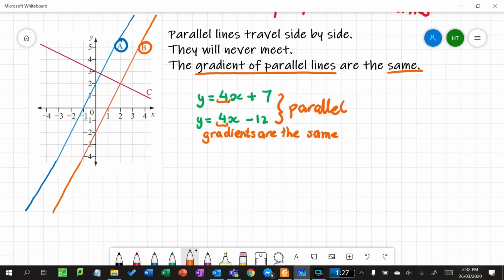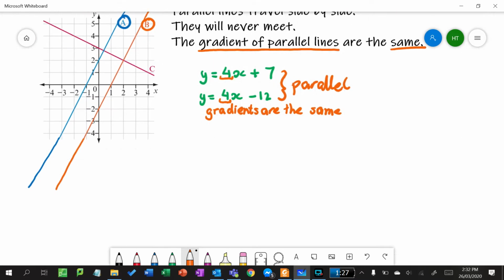Let's take a look at a few more examples. What if I gave you the lines y take away 6x equals 14 and y equals 11 plus 6x. Are these two lines parallel? Well, that's hard to tell until we do some rearrangement. Let's rearrange this first one here.